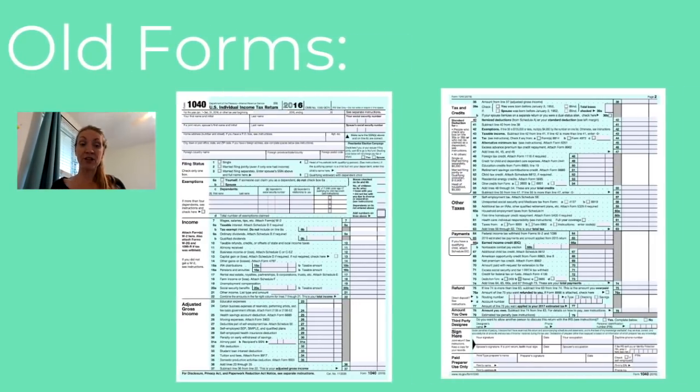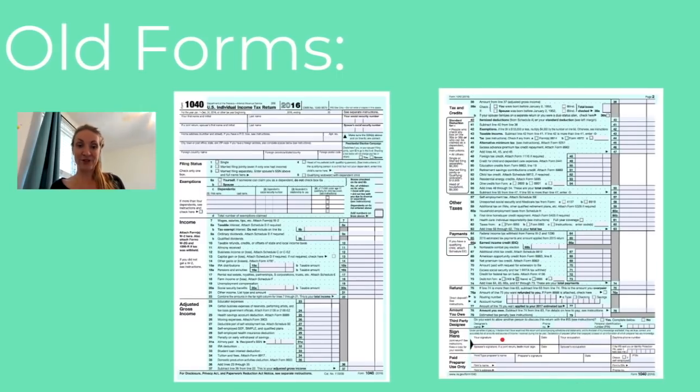So now we're going to take a look at the old tax form, Form 1040, versus the new tax forms. Now here we can see page 1, which has general information here, income, deductions for adjusted gross income, and then we calculate the tax and refund or amount due and sign the return.